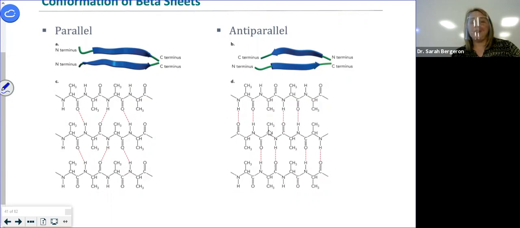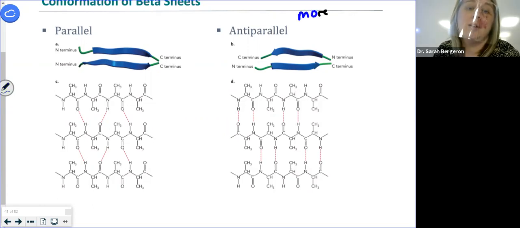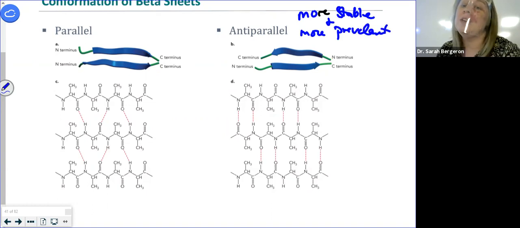How many hydrogen bonds are here? 4. Which one do you think is more stable? Anti-parallel is more stable. And therefore it's more prevalent in proteins in general, right? We want more stability.